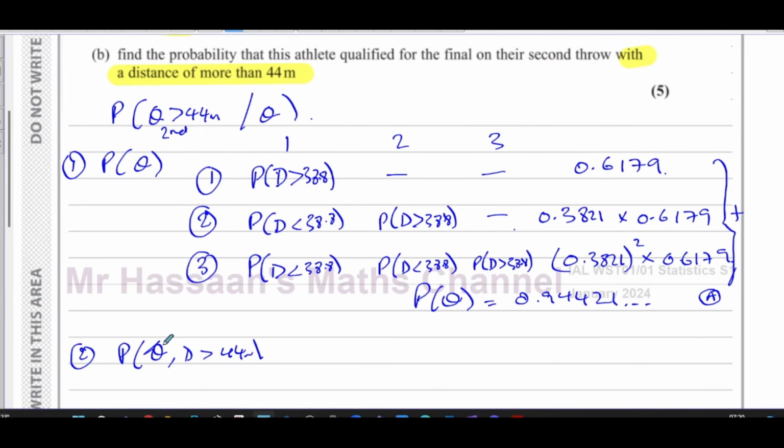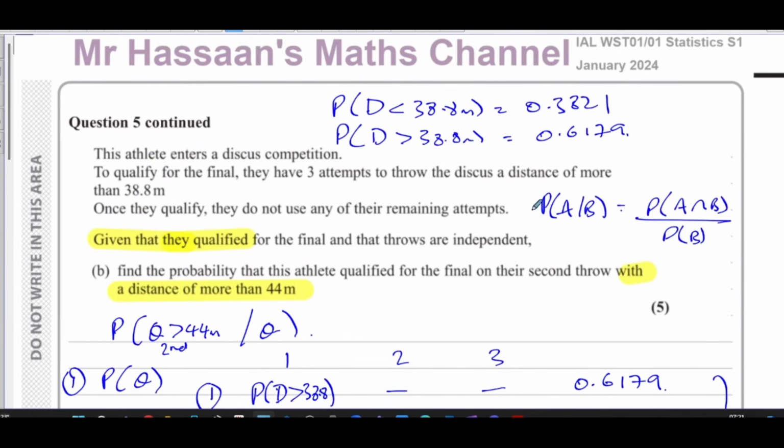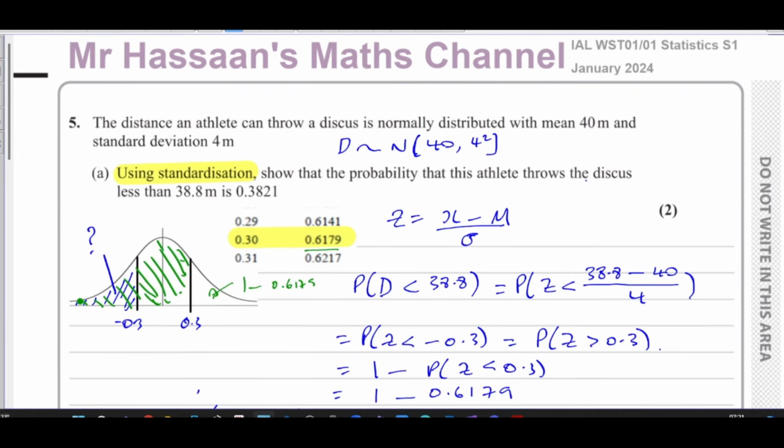So we'll find just this part here, the throw greater than 44 meters. How do we find the probability that D is greater than 44? Well, we go back to the same method that we did before. We standardize it. We say that that's the same as the probability that Z is greater than 44 minus the mean, which was, let's go back here. I forgot to write this down. Let's take this and put it here.